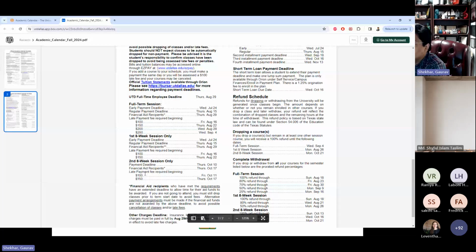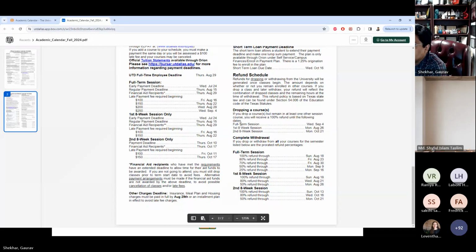What else is there? Refunds. So if you drop out of a course, but you remain enrolled in other courses, then you get a 100% refund by the census day, which is September 4th. However, if you're withdrawing from all your classes, a complete withdrawal, then you get a 100% refund by August 18th, which is a day before the start of the semester.